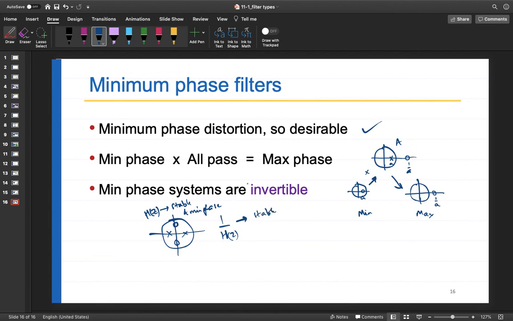Because for 1 upon H(z), the poles will become zeros and the zeros will become poles. This is 1 upon H(z), and this is also stable and min phase. So basically, min phase systems are invertible. That's it. Thank you very much.